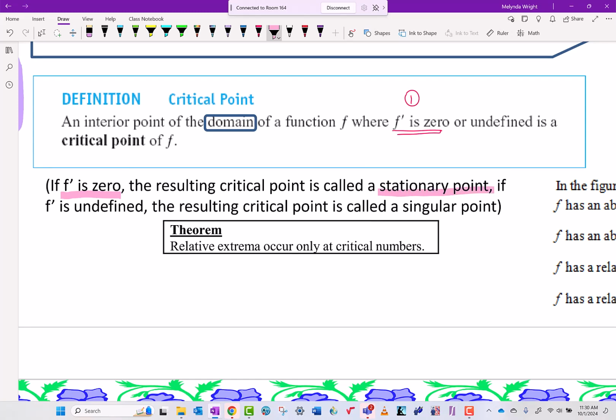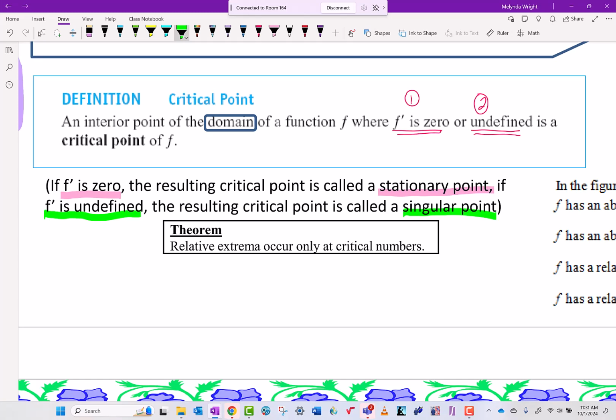Yes, these are formula quiz questions. Then we have our little friend undefined, which this poor little thing gets forgotten so many times. Sometimes if the derivative is undefined, that's the second type. The first derivative is undefined, and that is called a singular point, where f prime is undefined.